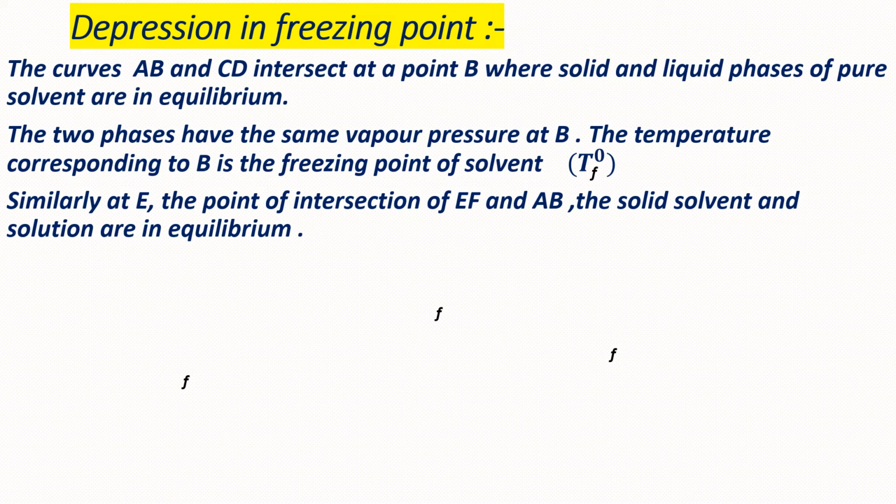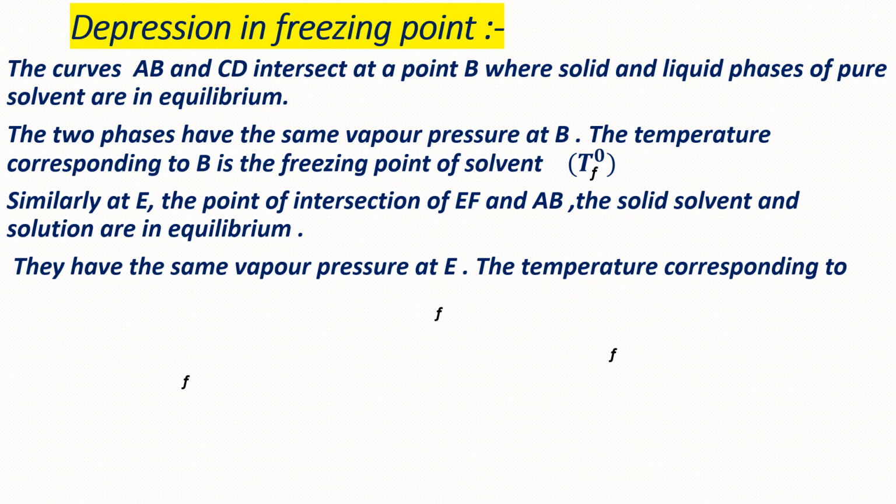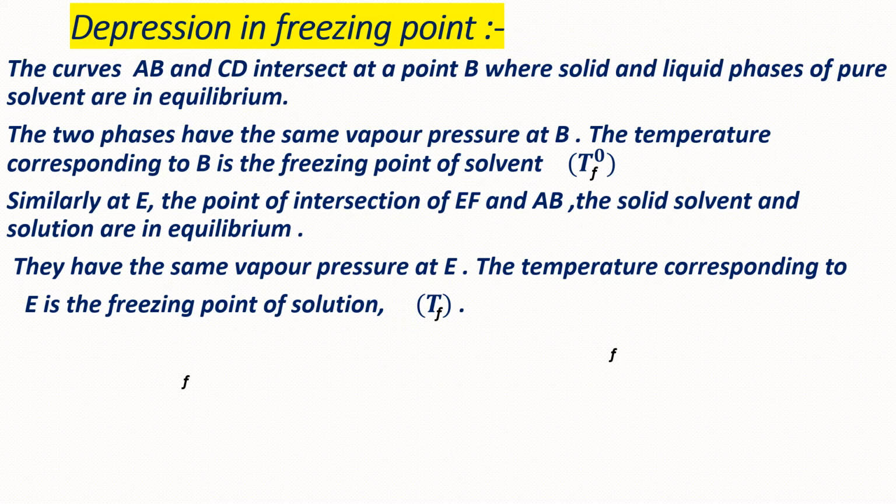Similarly, at point E, the intersection of EF and AB, the solid solvent and solution are in equilibrium, so they have the same vapor pressure at E. The temperature corresponding to E is the freezing point of solution, represented by Tf.